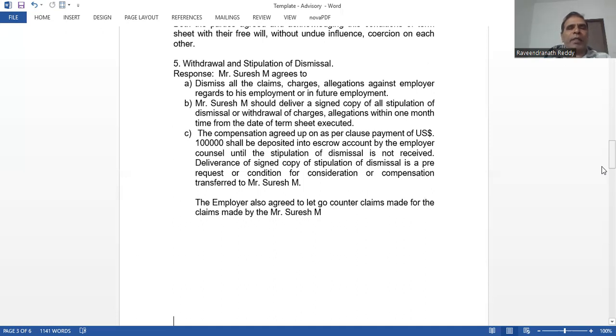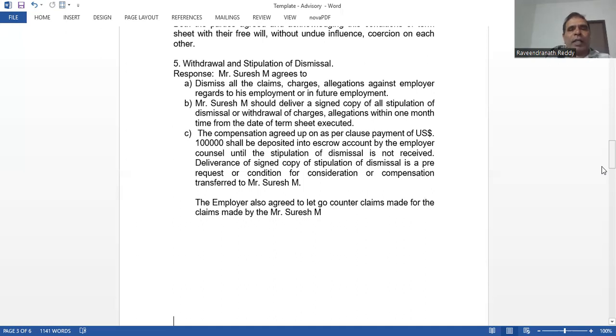It should be kept in the escrow account of the employer's counsel, and upon compliance with the required conditions, it should be transferred.